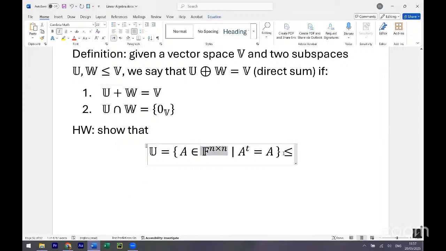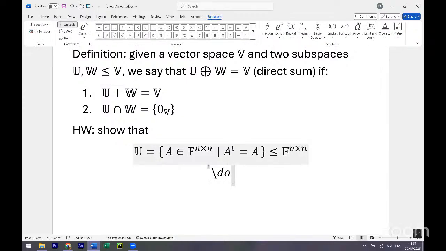That's one. Second, show that the set of all antisymmetric matrices is also a subspace.